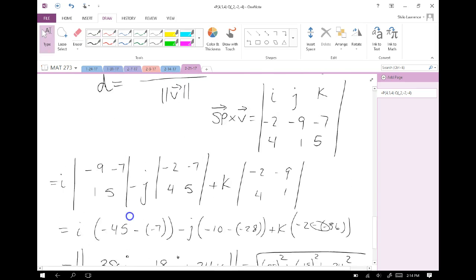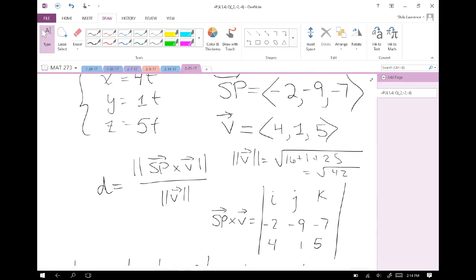That was the magnitude for V. The vector from our line, the direction vector from the line.